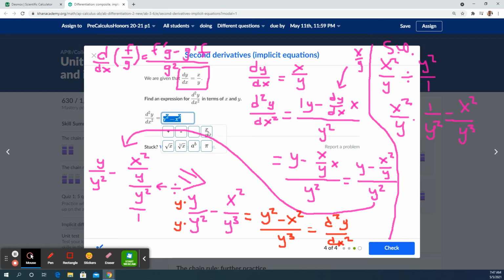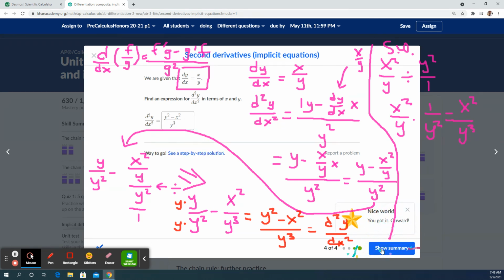So I'll go ahead and just start over. Start with my fraction, y squared minus x squared all over y cubed. All right, let's see how we did. Everything looks like it should. And we got it. Okay, good. So that's the technique that we're using here: we're subbing this one back in if we see dy/dx pop out into our second derivative.